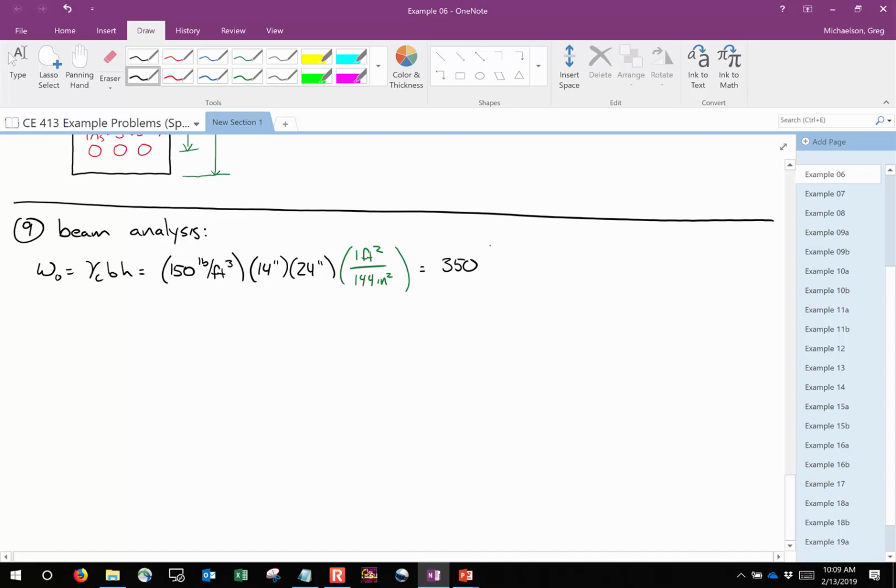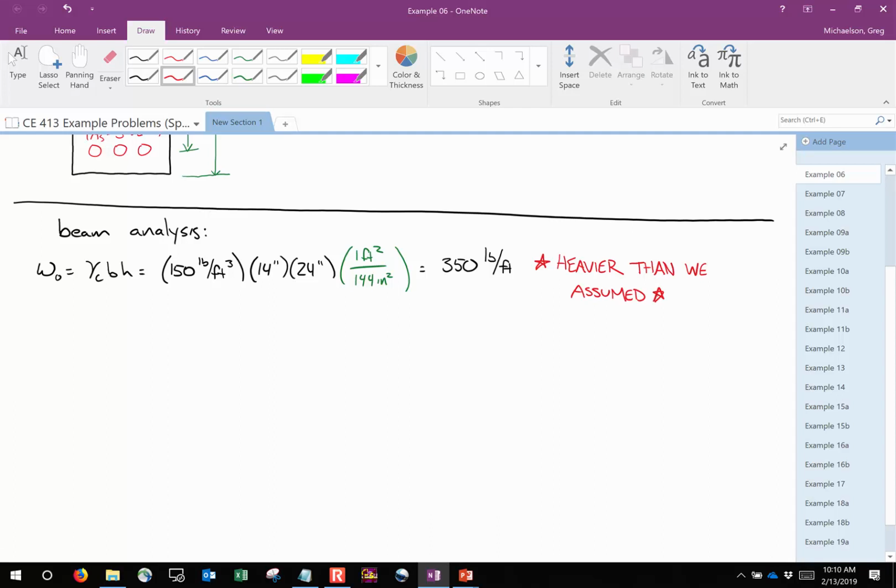No, this is a weight, pounds per foot. One thing to keep in mind, that's heavier than we assumed. What did we get when we made our assumptions? What did we get for a beam self-weight? It's something like 140.